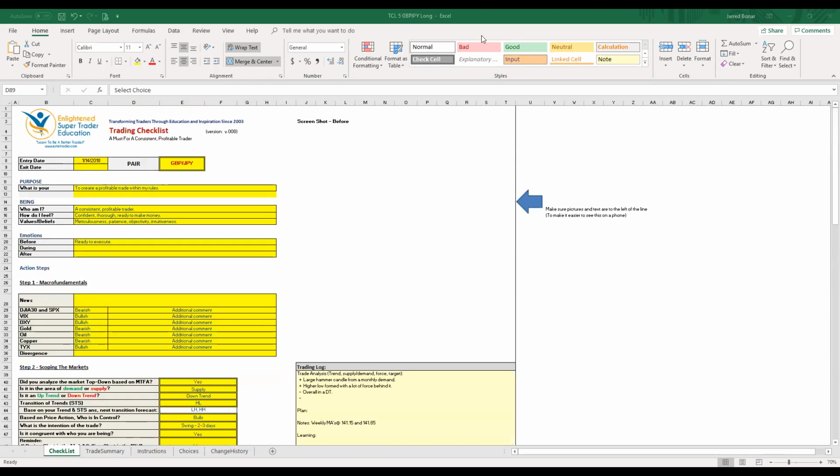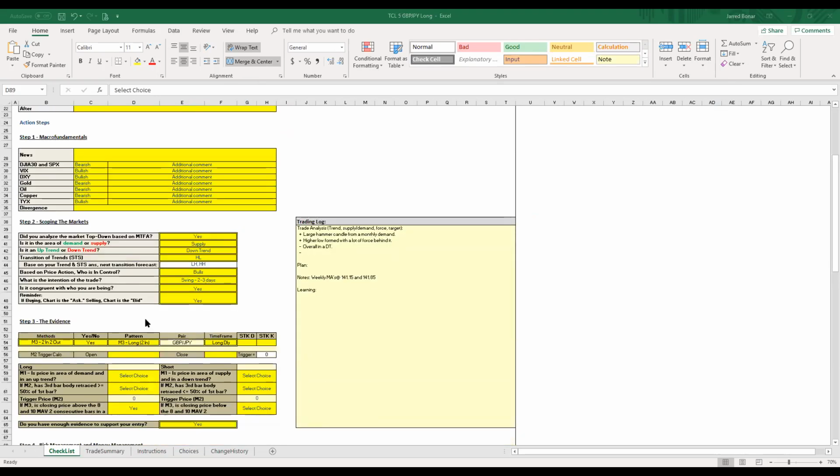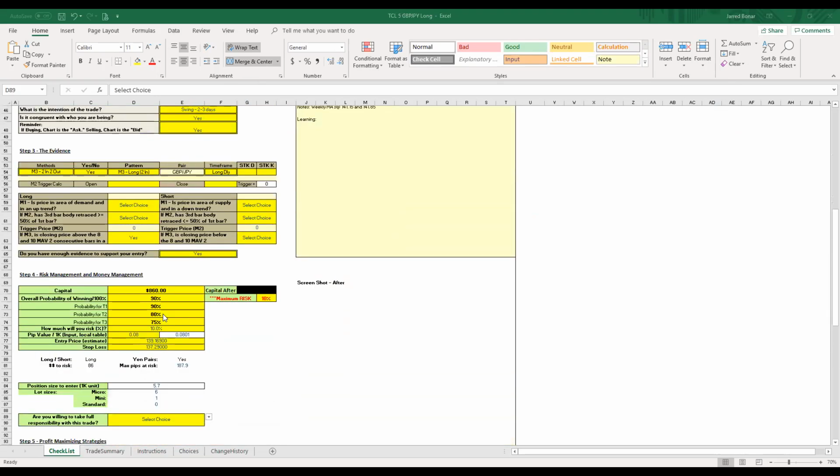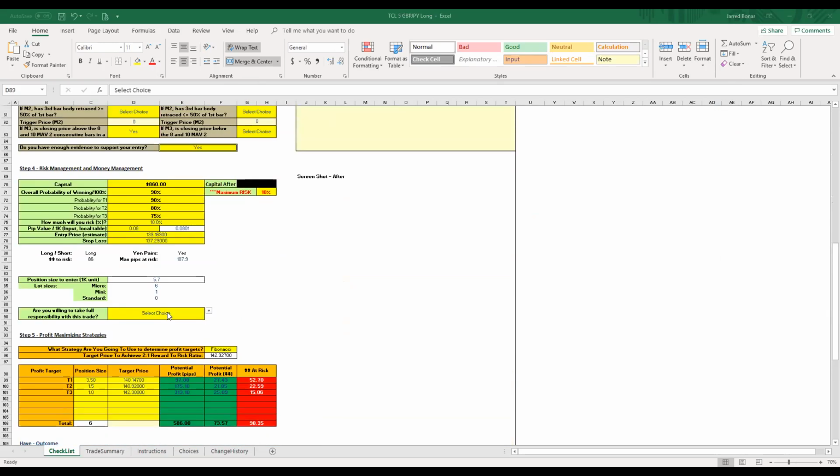Pound. Sorry. So why did you not execute the pound yen again? Sorry, I got distracted there. I wasn't willing to check this box just due to uncertainty. You weren't willing to take full responsibility with the trade.